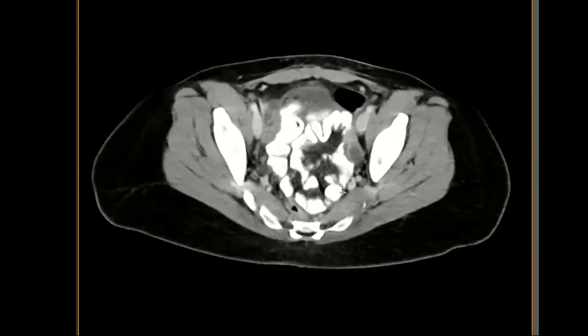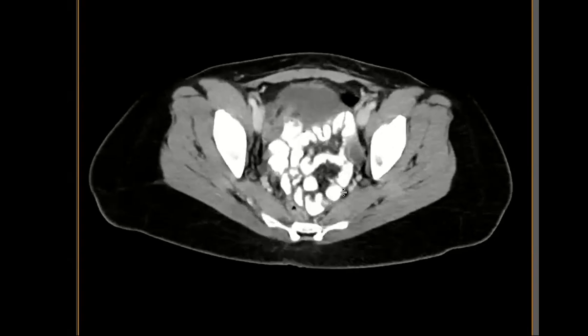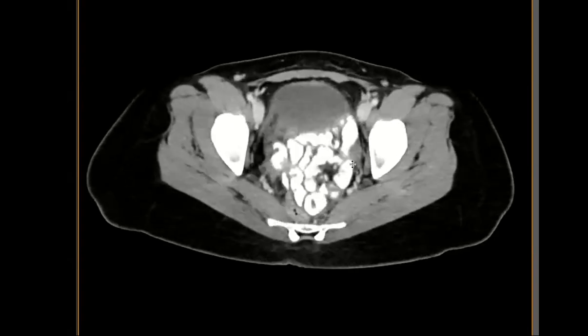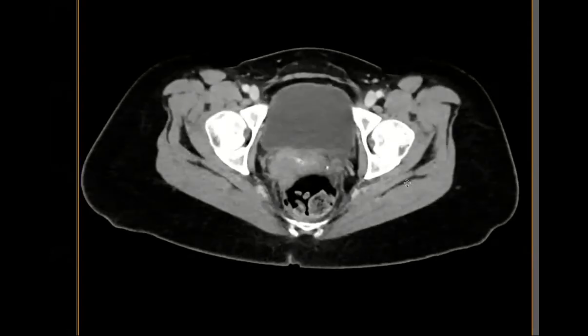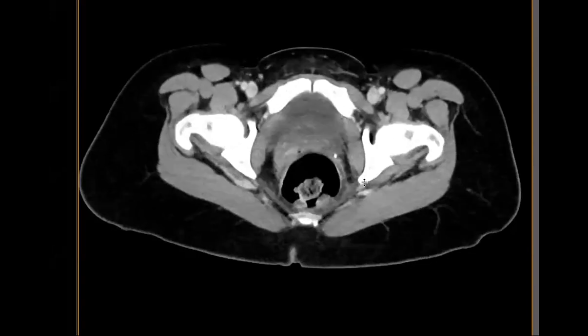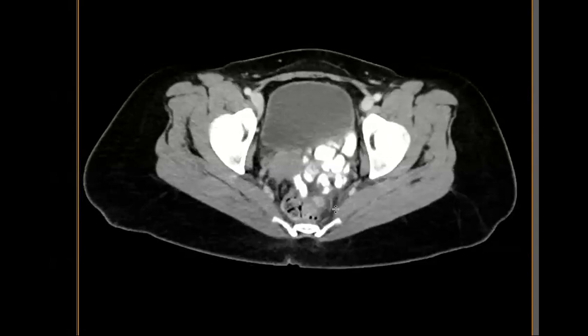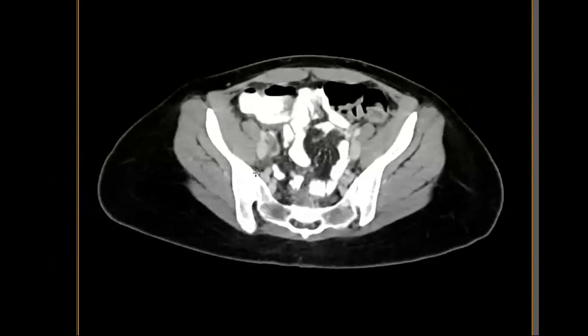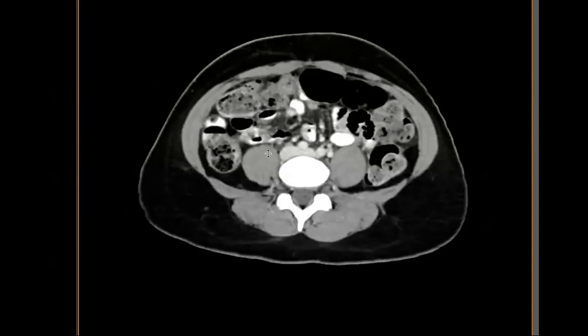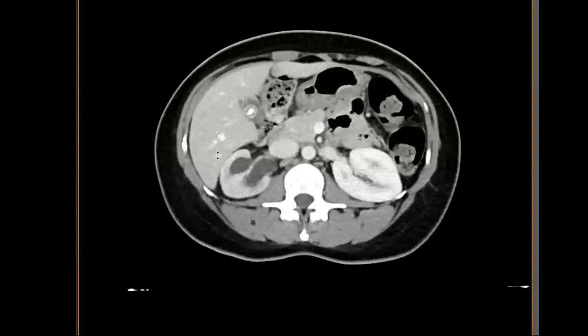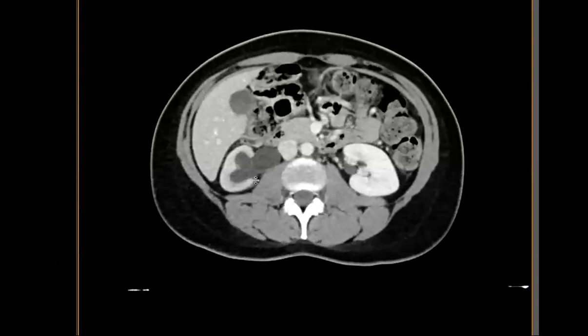Before they came to us, they had been seen by a gynecologic oncologist, and their mass had been biopsied as well. So here is the mass, and we didn't see any other metastatic disease in the abdomen. The mass, however, was causing right ureteral obstruction, and as you can see, there is right-sided hydronephrosis.